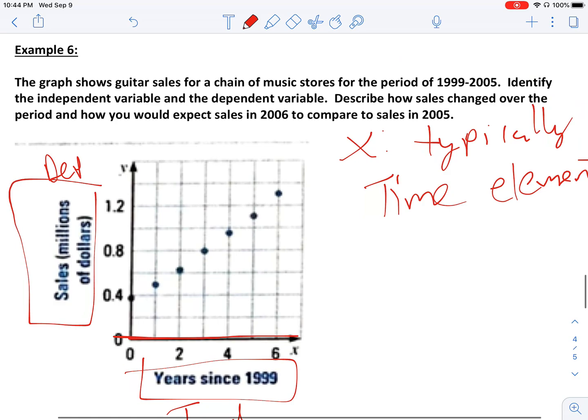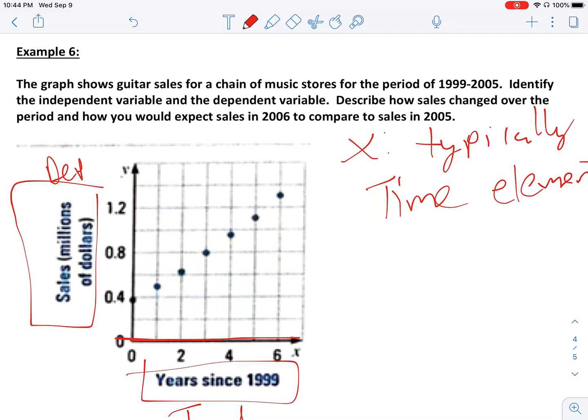Okay, and I've identified the independent and dependent variable. Describe how sales change, and think about it. You know, the sales depend on the year. This is one of a harder one to kind of explain, but without getting into too much of the economics, the fiscal year, the health of the economy in the year would dictate.